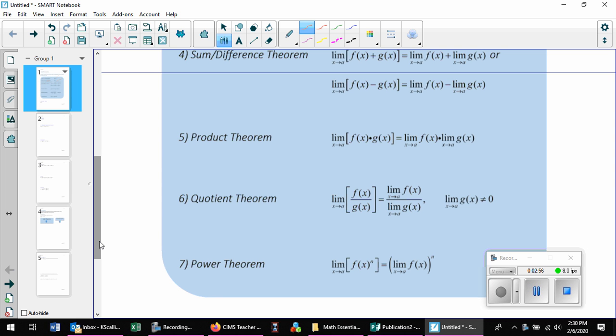It's almost like your argument can be busted into these two, similar to your log laws. And if your function is to the exponent, your limit's to the exponent. Pretty straightforward. These are all in your formula sheet. Like I said, they're not going to make much sense until we actually do stuff.